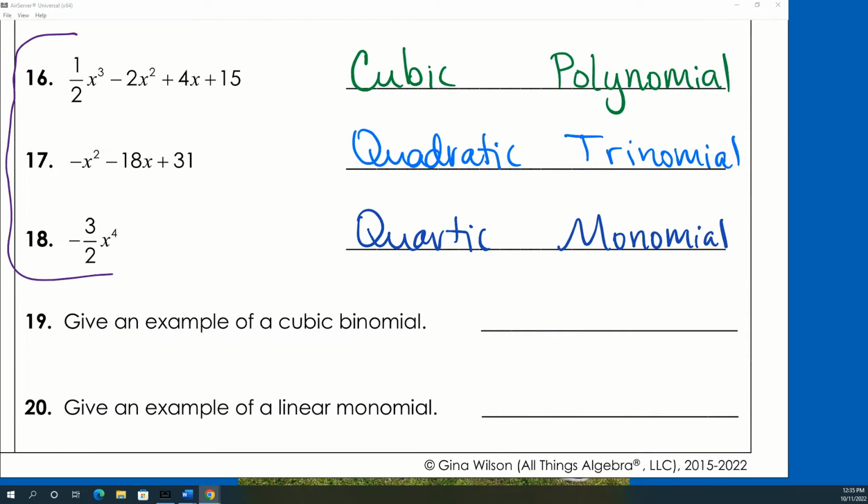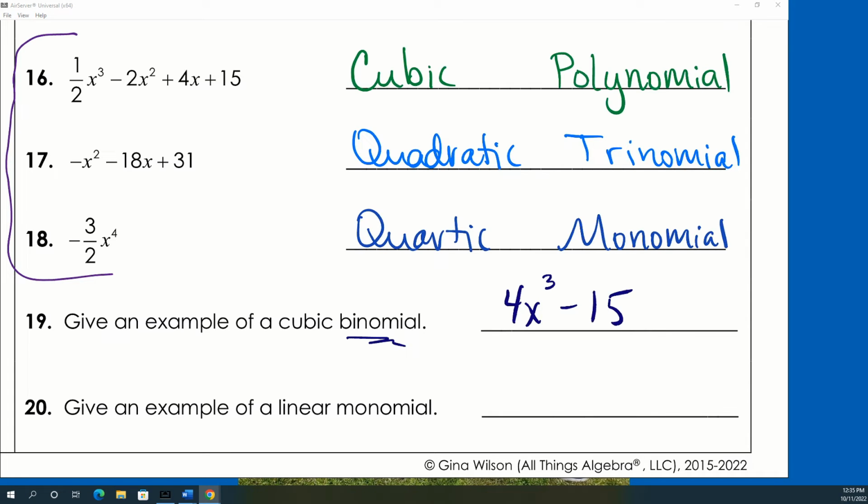Okay, on these last two on this page, we're just going to make up our own polynomials. So we want to give an example of a cubic binomial. So that means that the largest exponent on your x is a 3. So what number do you guys want to put in front of the x? Or you don't have to put a number. Okay, so we'll do 4x cubed. But we want it to be a binomial, so we need to add or subtract another term to it. What do you want to subtract? Could be anything.